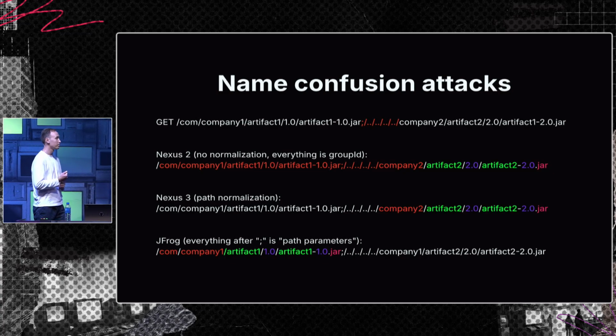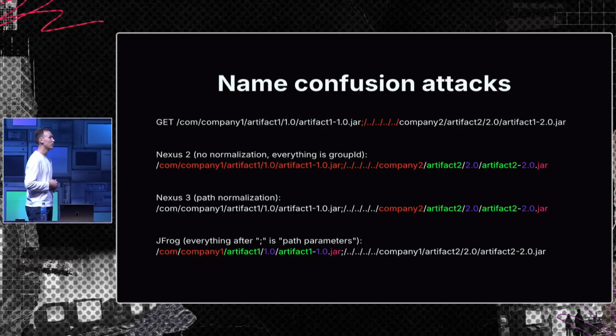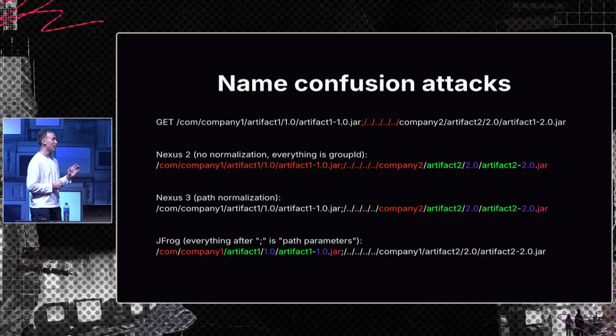So it will consume all the path traversal characters and only consider company 2, artifact 2 as the artifact name. But JFrog, on the other hand, considers everything after the semicolon as path parameters. So it thinks that this path is translated to artifact 1.